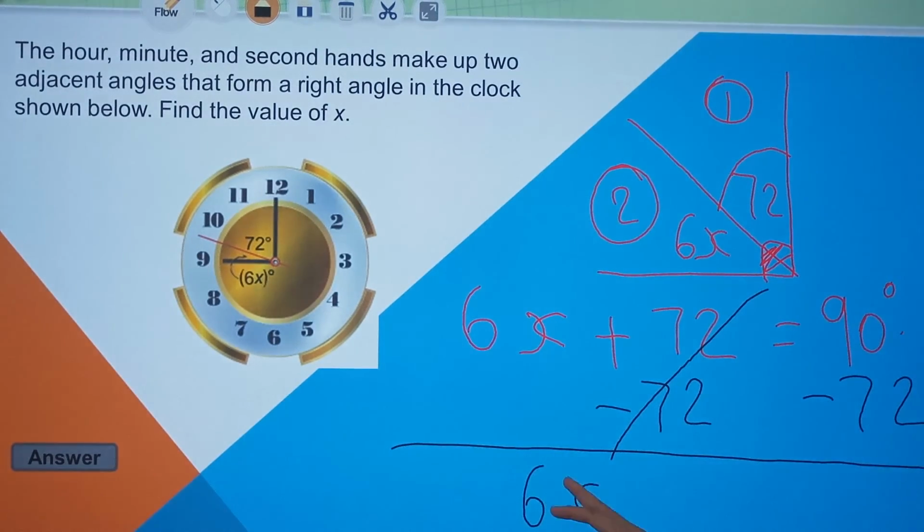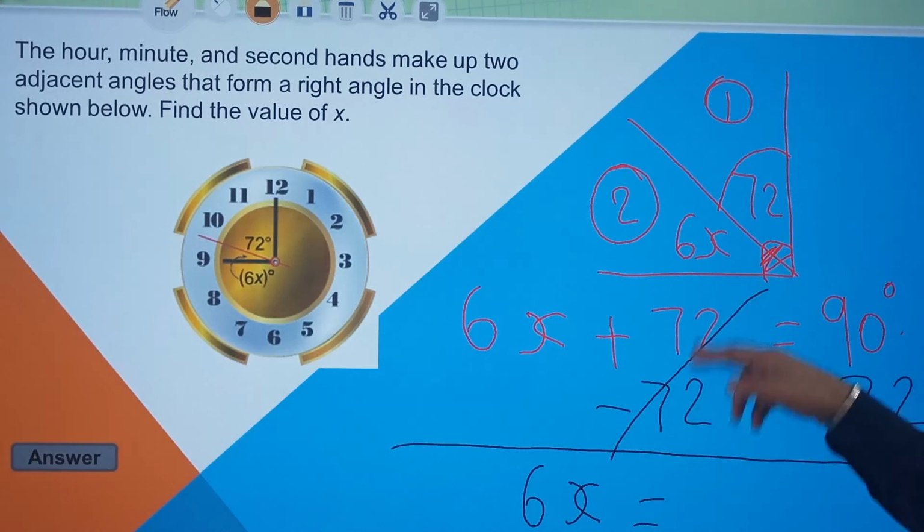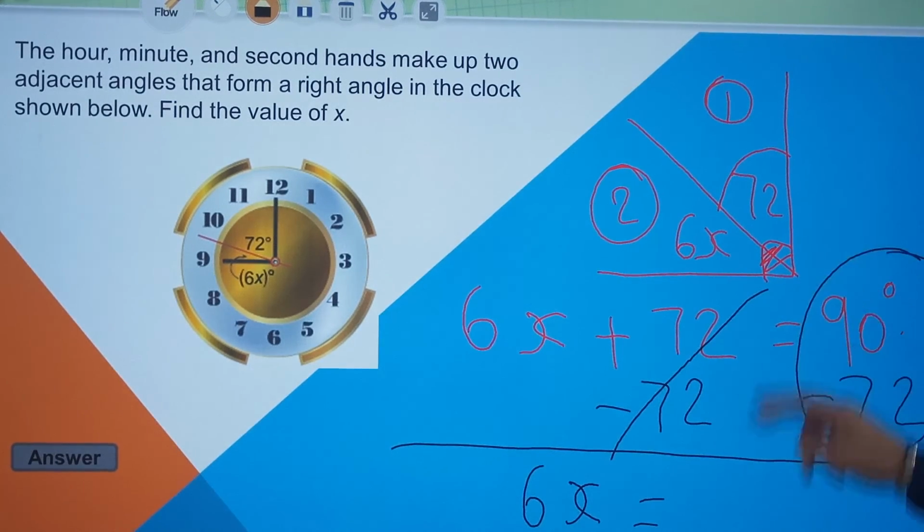I have 6x equals what? 90 minus 72, you can find it mentally. It will be equal to 18 degrees. Don't forget the degree. So 6x is equal to 18.